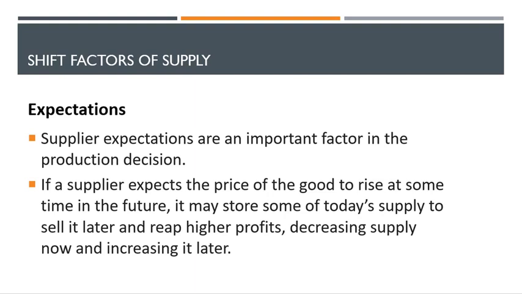So these are the factors that we have discussed: input cost factors that determine the production, technology, government policy, and expectation. These are the core factors that shift the supply curve.